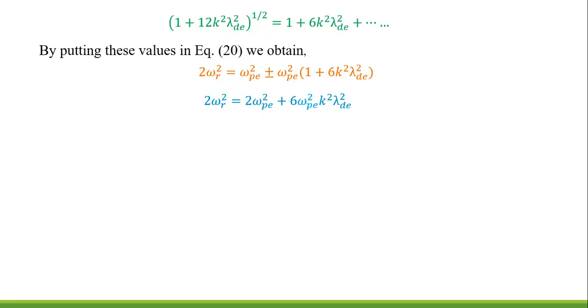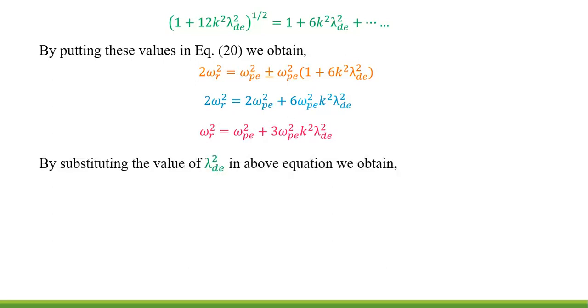If we ignore this 1 in comparison with the k square lambda De square, or if we apply the plasma approximation, we can have this expression here. If we open this summation bracket, then this omega p square with this omega p square makes it 2 omega p square, plus all this combination, and then we can cancel 2 on both sides to have this dispersion relation.